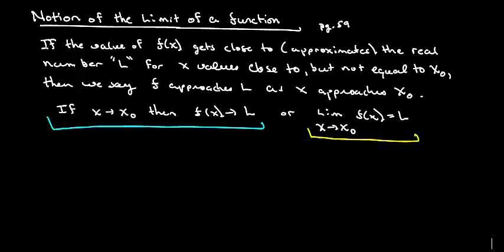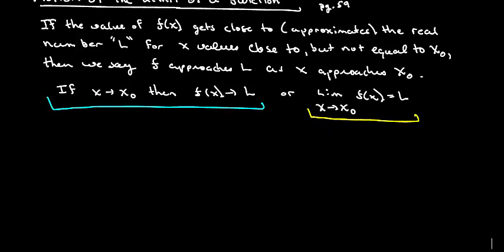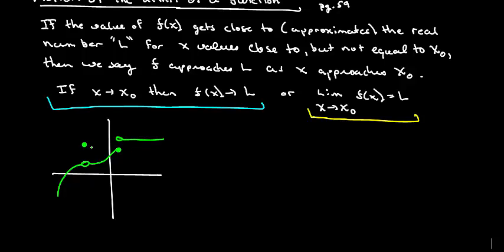If we take a look at a picture, let's say we've got, let me draw out a coordinate system here, and let me put in a function. Now let's go ahead and talk about this.